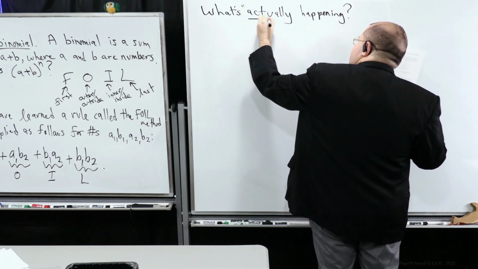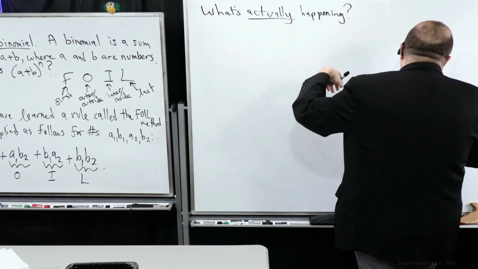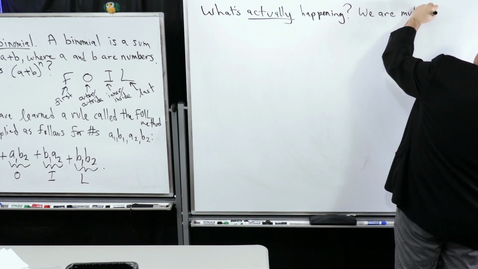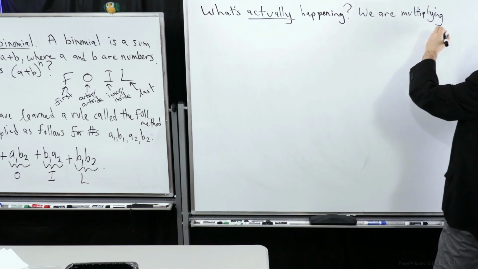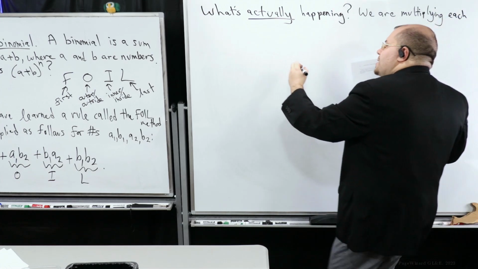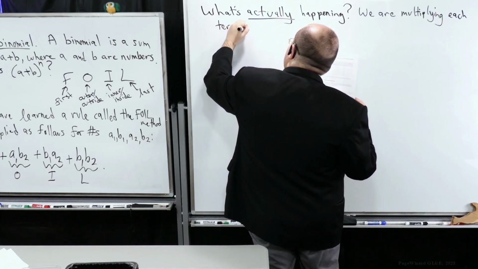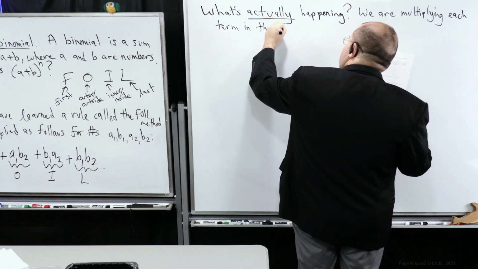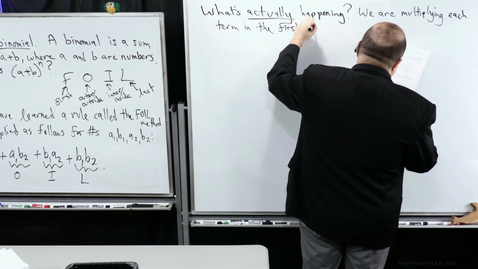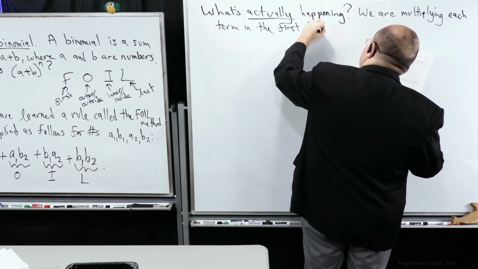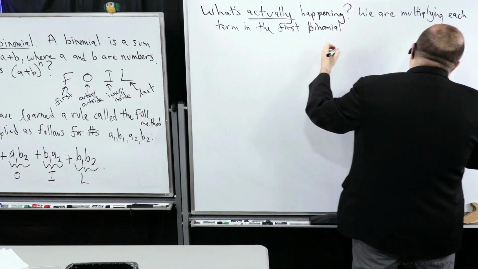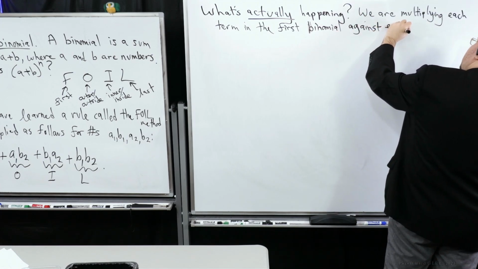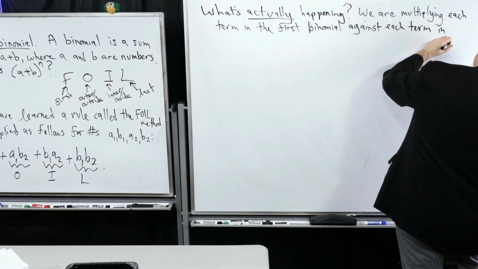We are multiplying each term in the first binomial against each term in the second binomial.